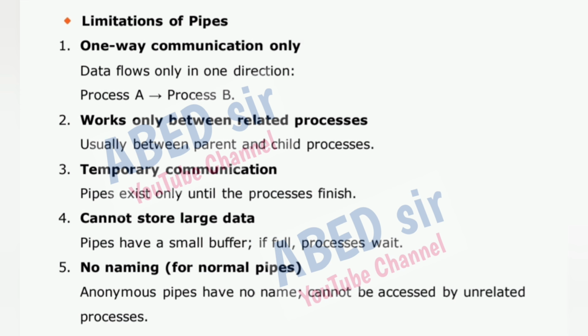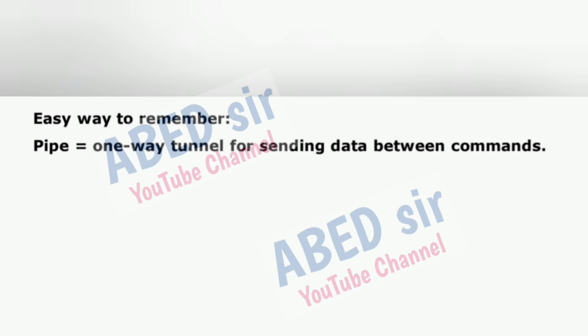Cannot store large data. Pipes have a small buffer. If full, processes wait. 5. No naming for normal pipes. Anonymous pipes have no name, and cannot be accessed by unrelated processes. Easy way to remember: pipe equals one-way tunnel for sending data between commands.